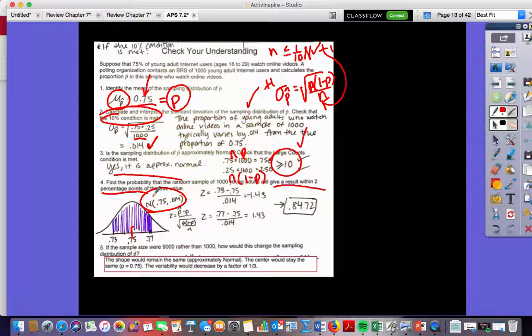So if this is the mean, we could either go from 0.73 to 0.77, okay? And anything that's shaded in between is the probability or area of that actually occurring if we took a random sample of 1,000 young adults. So you could either use z-score here, or you could use normal CDF, lower bound, upper bound, mean, standard deviation.